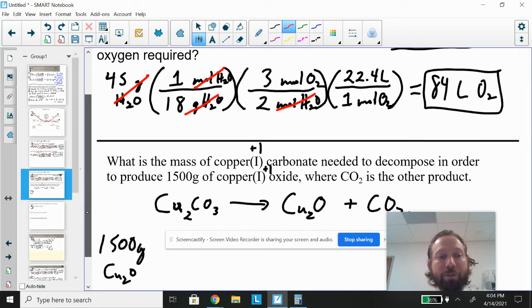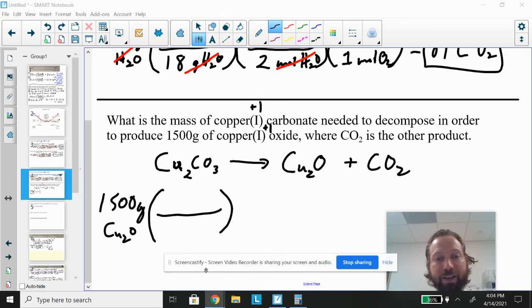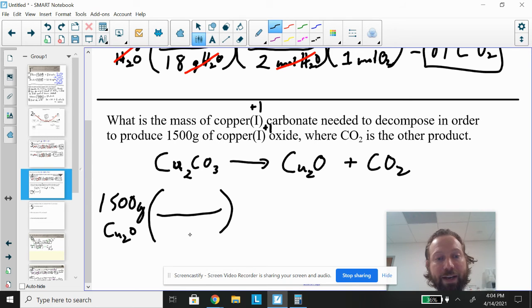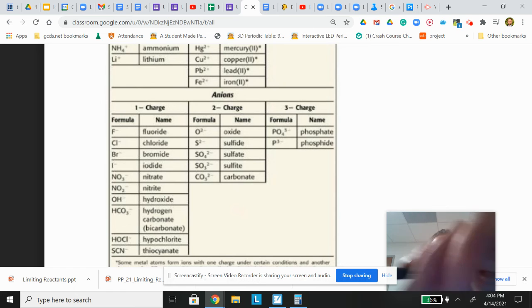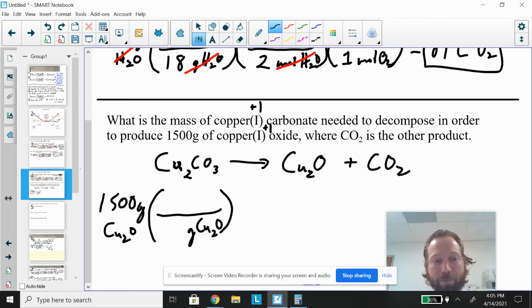Step number 1, going from mass to moles. So we're going to divide by the molar mass of copper oxide. To figure that out, copper is 63.55 grams, and oxygen is 16.